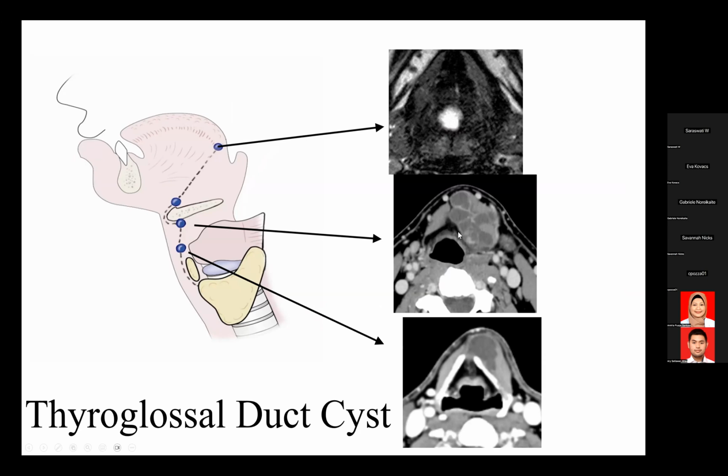Now, here's an example of a mass that's involved in the anterior neck, but it's also paramidline. And if you look real closely, there are multiple cysts and there are actually focal areas of enhancement. And if you look even more closely, here's the normal strap muscle on the right-hand side, but look at the strap muscle on the left-hand side.